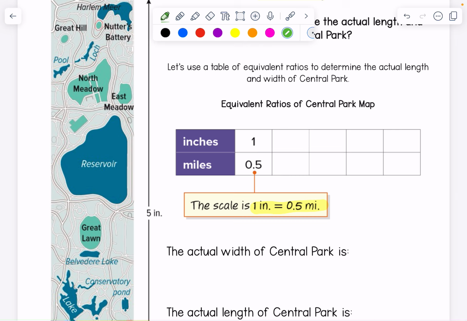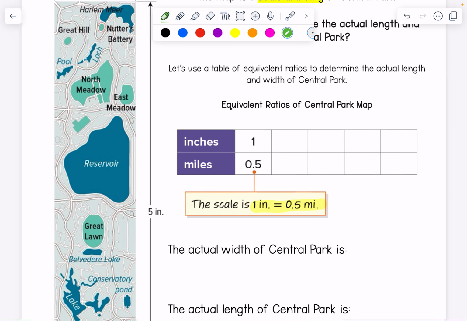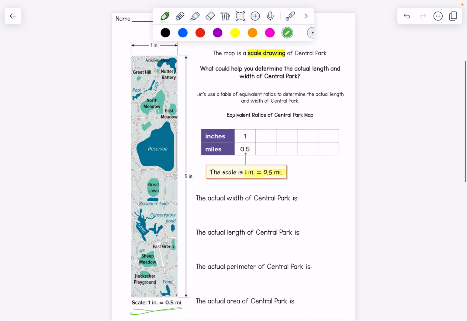Now I can use that to help me figure out, for example, how much 2 inches might represent, or if we look at the scaled length of Central Park, it's 5 inches here. So I want to use my ratio table to figure out how many miles 5 inches would represent.